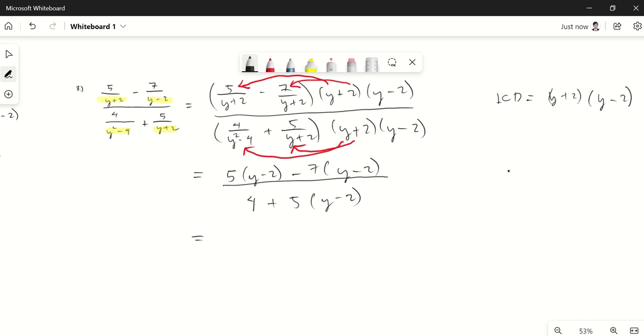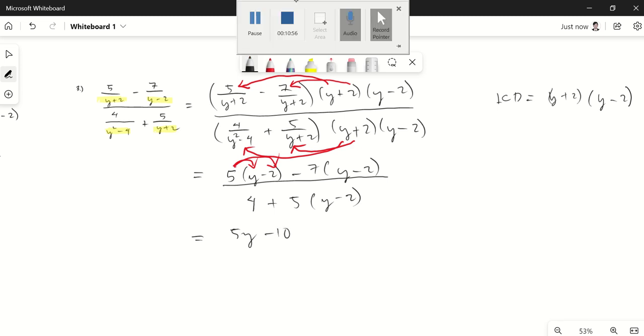Then what you will do now is distribute the 5 to the y minus 2. So 5 times y is 5y, and 5 times negative 2 is negative 10. Then here, this is negative 7, so despite the fact that this is a minus, we can consider it as plus negative 7 to avoid confusion. So you can treat this sign here as a negative sign instead of a minus.